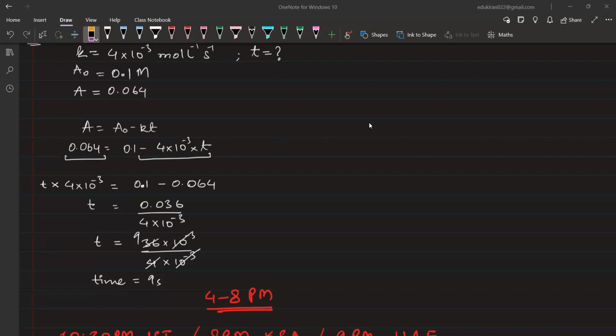This negative thing got here, so it became positive. 0.064 will go there, it will become negative. So it is 0.1 minus 0.064. Then if you subtract these two, you will get 0.036 divided by 4 into 10 to the power minus 3. है ना? 0.036 क्या ले सकते हैं? 36 into 10 to the power minus 3 divided by 4 into 10 to the power minus 3. 10 to the power minus 3, 10 to the power minus 3 will be cancelled, and 36 upon 4 will be equal to 9 seconds.